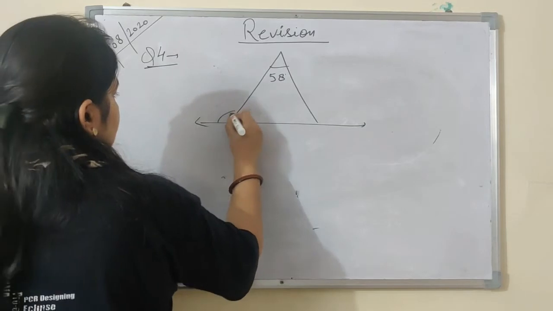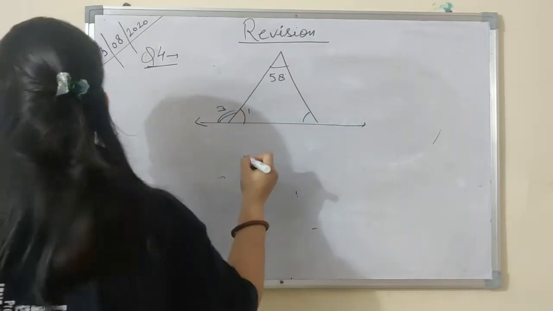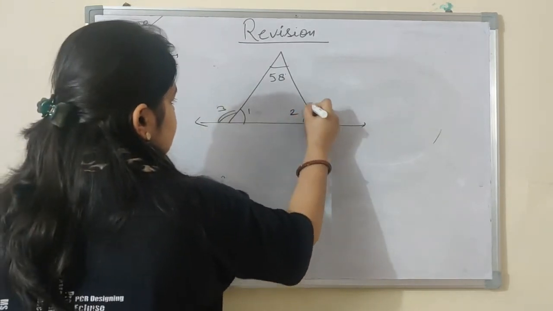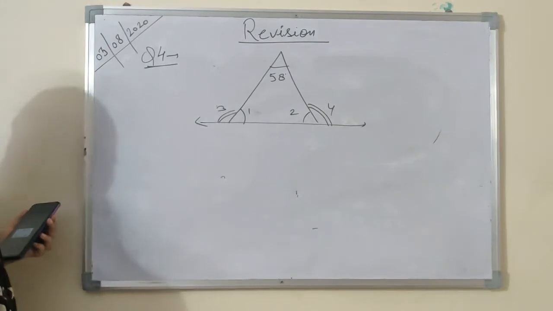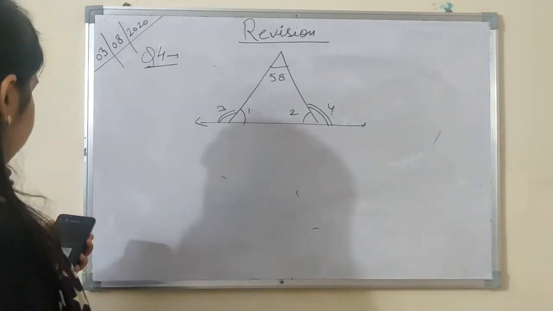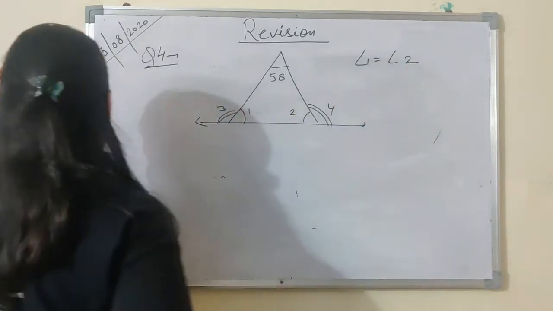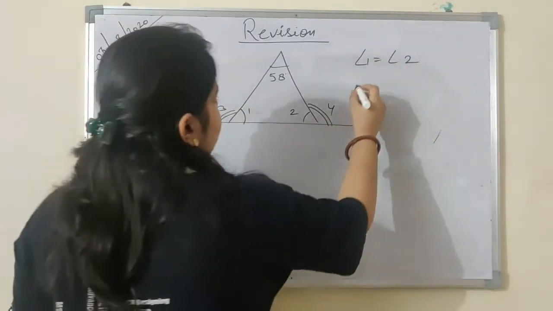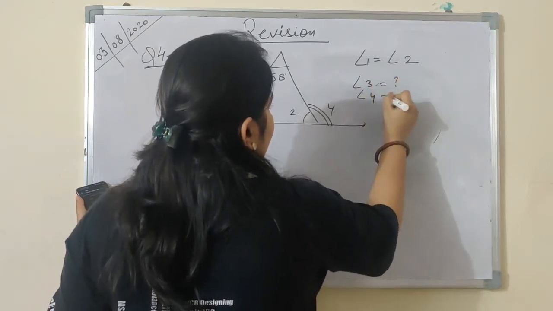Okay. Then this is given as angle 3 and this is given as angle 1 and this is given as 2 and this is given as 4. Now, it is given to us that angle 1 is equal to angle 2, and we have to find the value of angle 3 and angle 4.